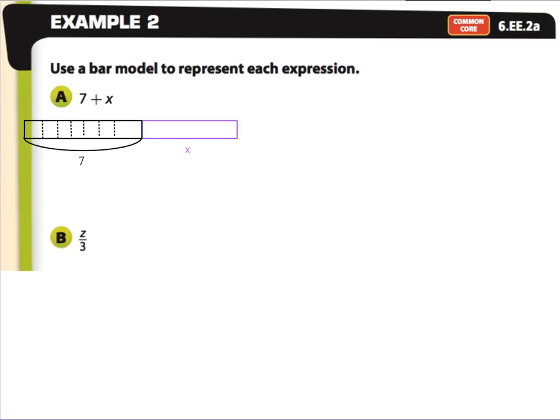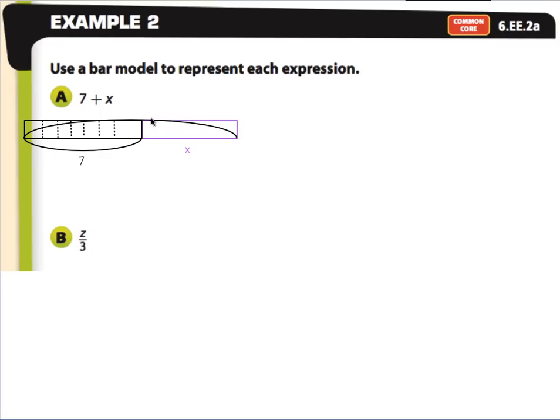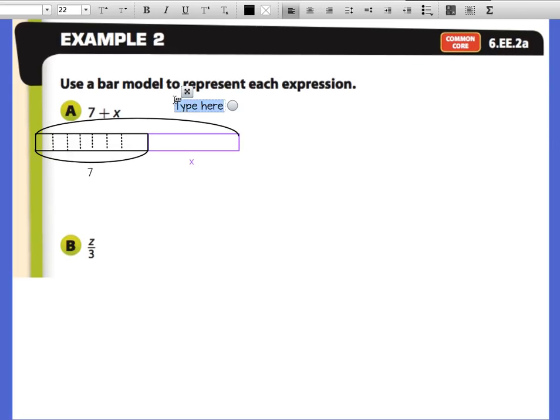And then all together, so now this is where I really need my little fancy tool. All together, if I put the 7 and the x all together, that will give me my 7 plus x.